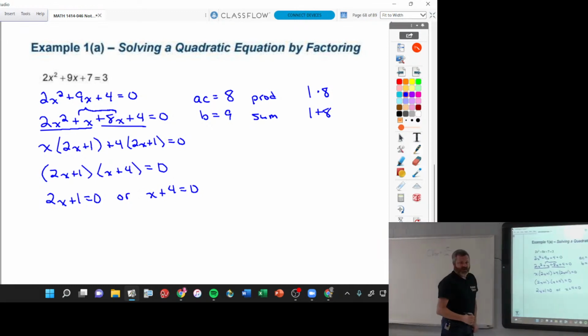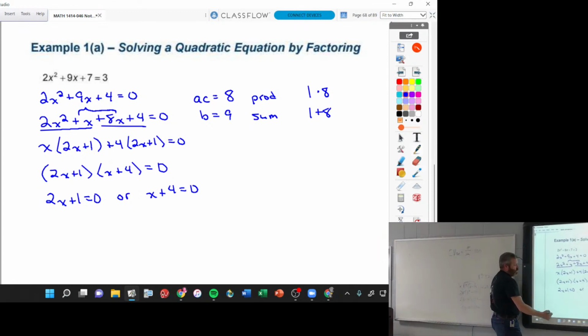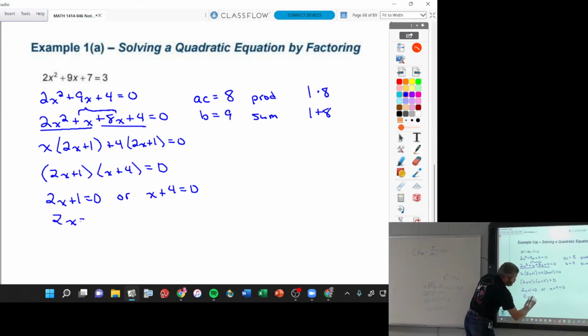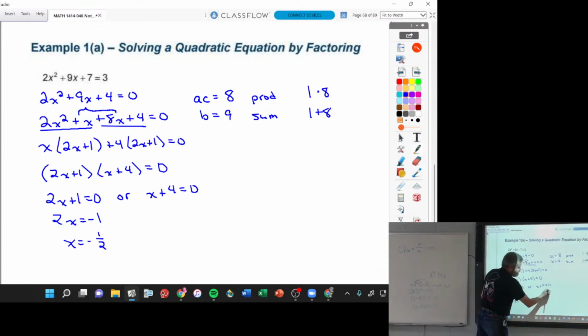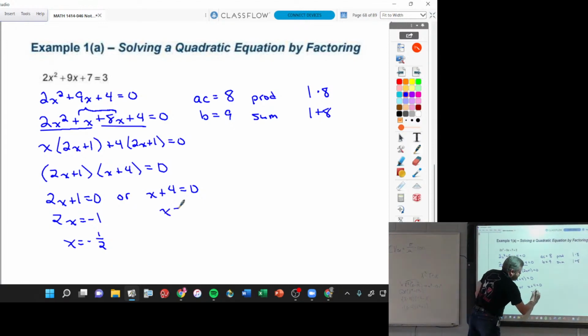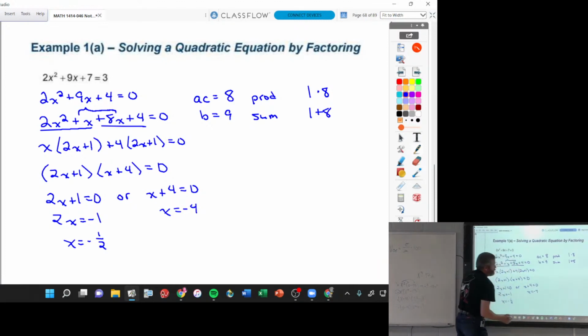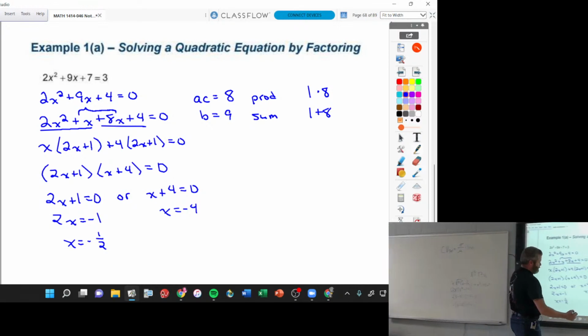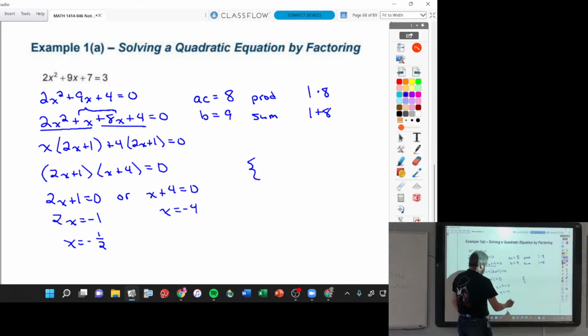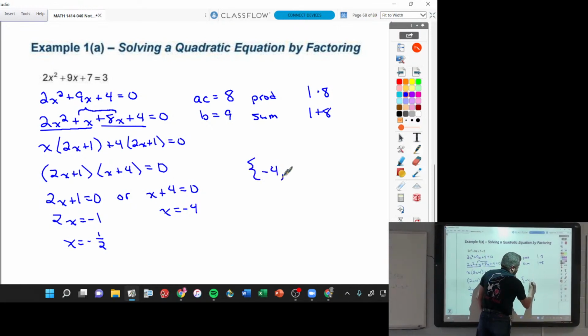To solve 2x plus 1 equals 0, I would subtract 1 from both sides and then divide by 2 and get negative 1/2. To solve x plus 4 equals 0, I would subtract 4 from each side. x equals negative 4. So the answers for this are the set containing negative 4 and negative 1/2.